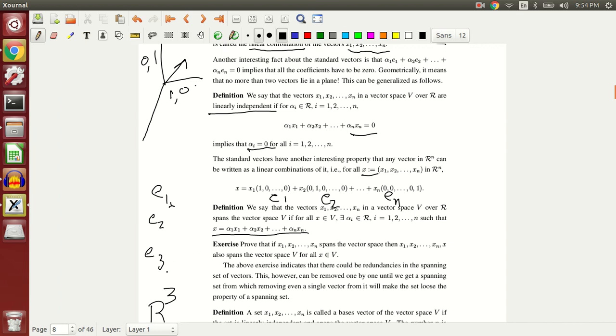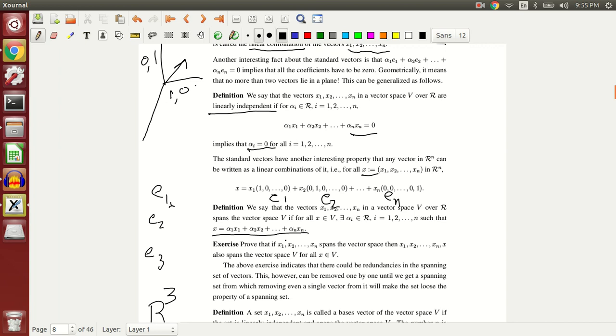But if these were not standard vectors, then they form something called a spanning set. So I think this exercise kind of proves it. Let's say if x1, x2, xn spans the vector space, basically what it means is, if you have a point in that vector space, you can get to that point with this set.